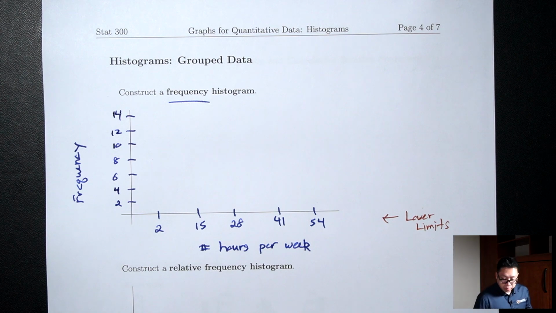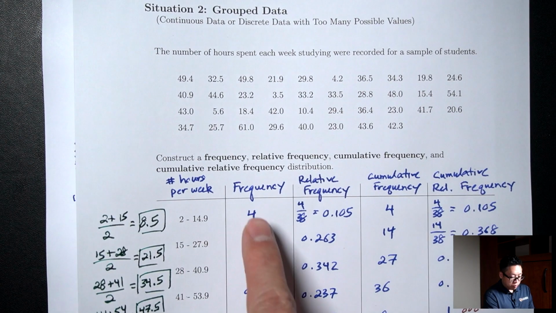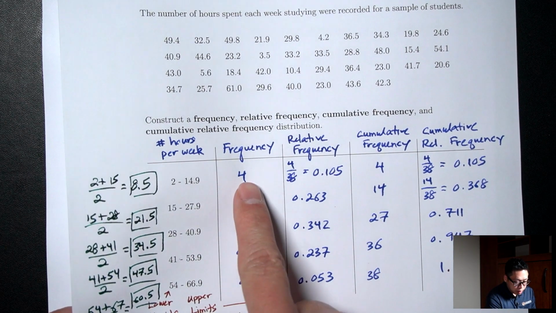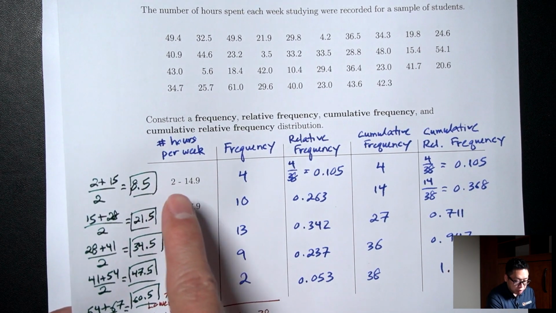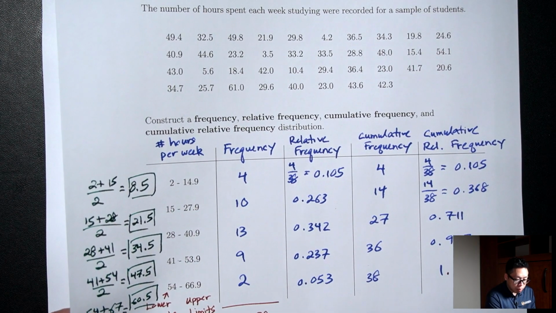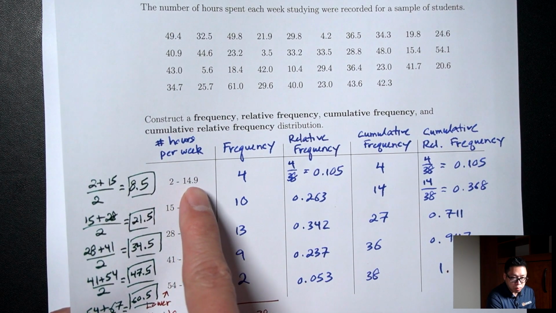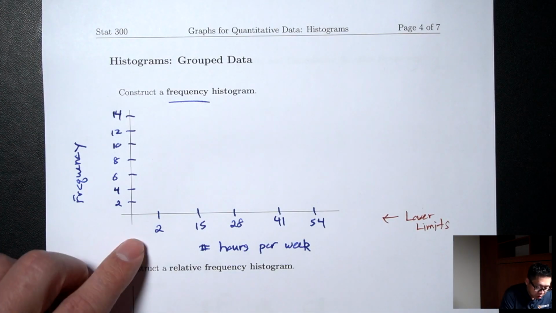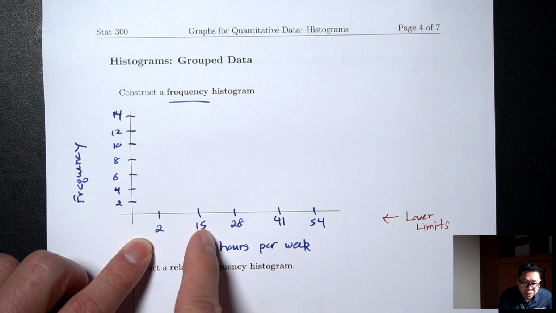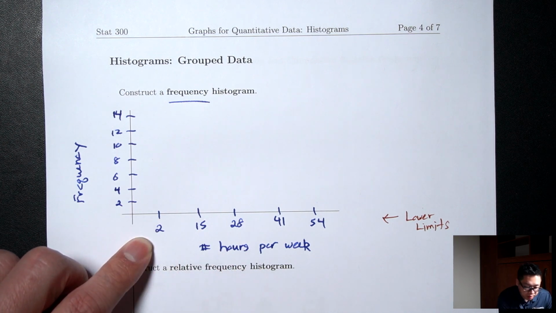And now, the first frequency is a 4, okay? This 4 represents the range 2 to 14.9. So when I make my bar, I want that bar to be over the range 2 to 14.9. So 2 to 14.9 is like 2 to just to the left of that 15. But I'm just going to make it go all the way up to the 15.